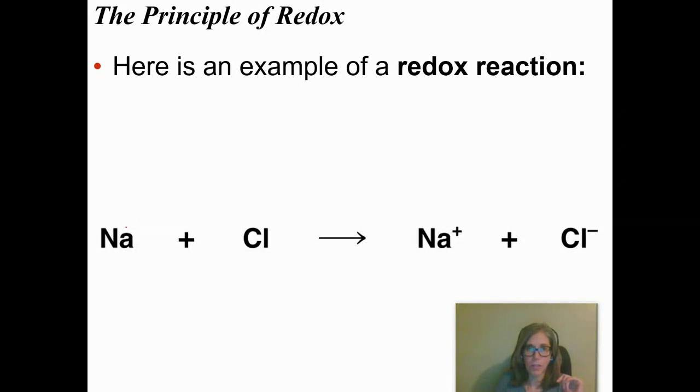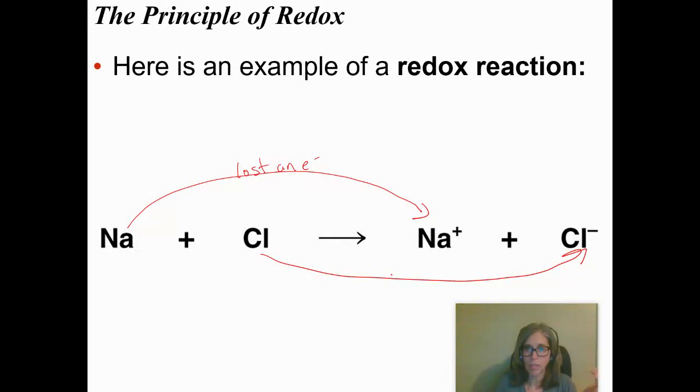So it's giving up an electron, and when it gives up an electron, it's giving up a negative, so now it becomes positive, right? So this one lost an electron, right? It lost a negative, now it's more positive. This one, you can see, is getting more negative. That means it gained an electron.